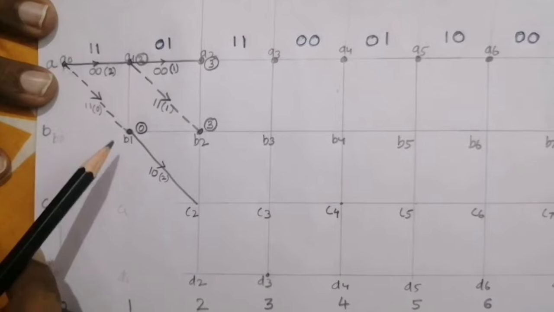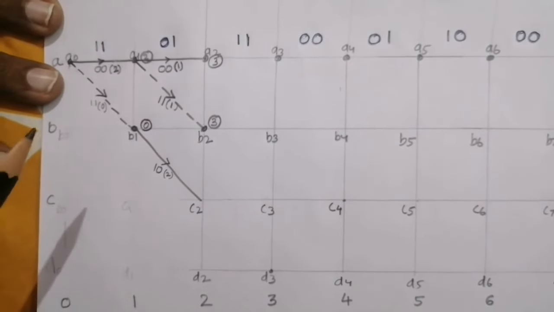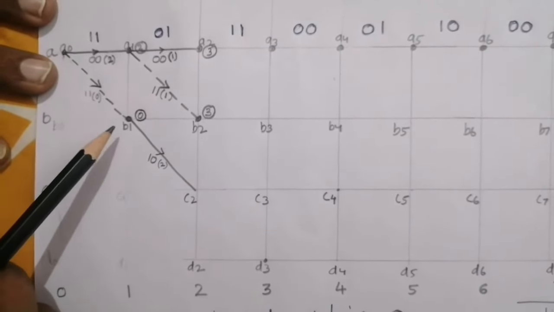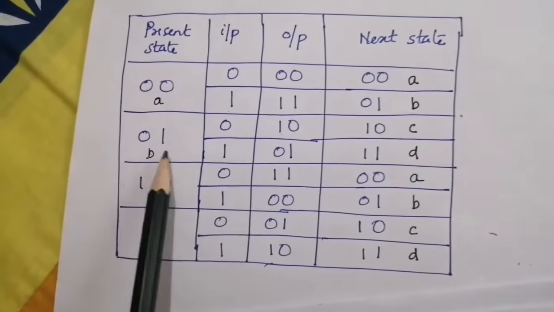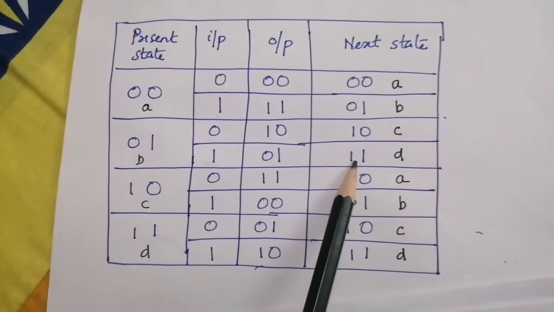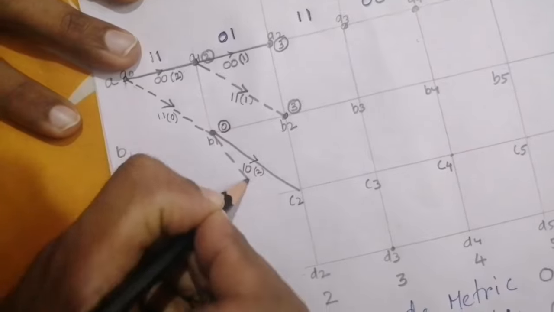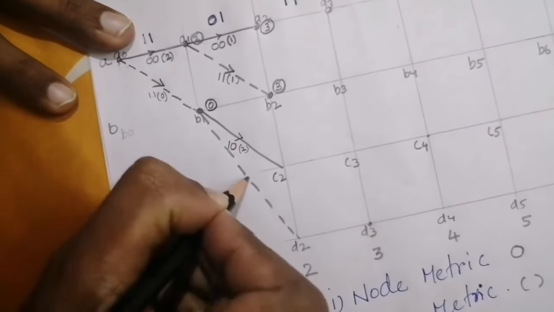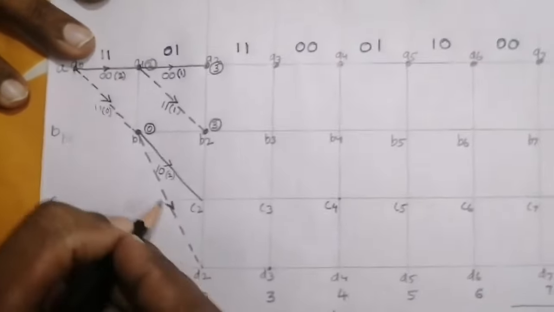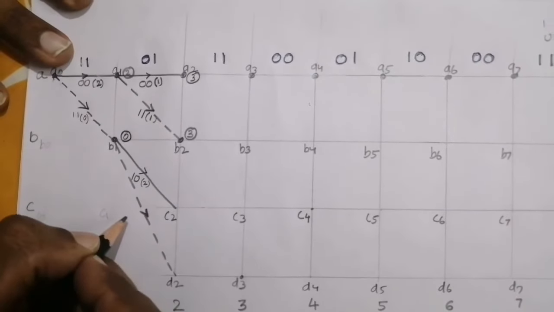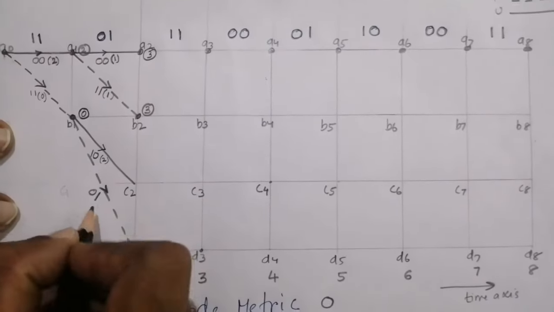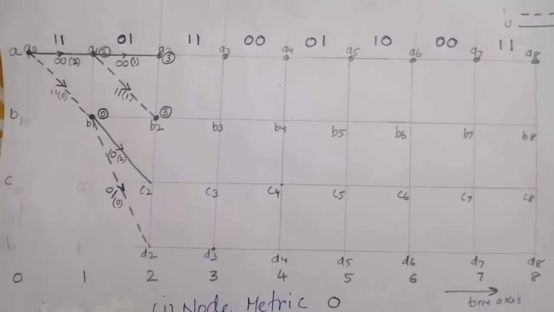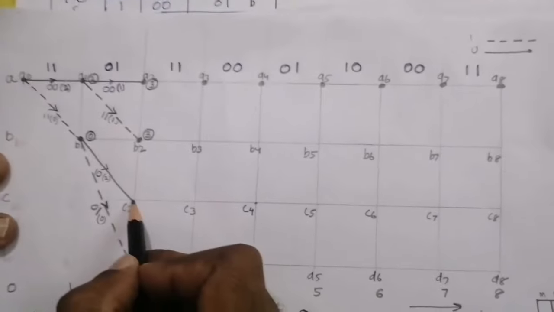Okay, so if at time t equal to 1, the current state is B, and if a 1 comes, the state of the convolution encoder will be 1 1, and output is 0 1. So I will draw like this. Output is 0 1. The discrepancy will be 0. Now what about the node metric here?